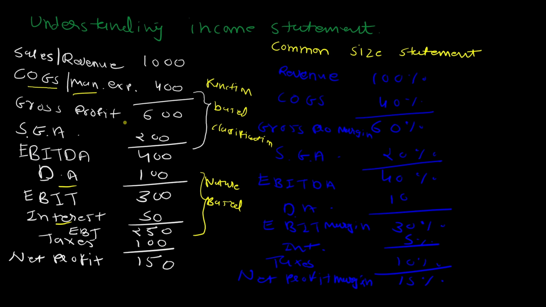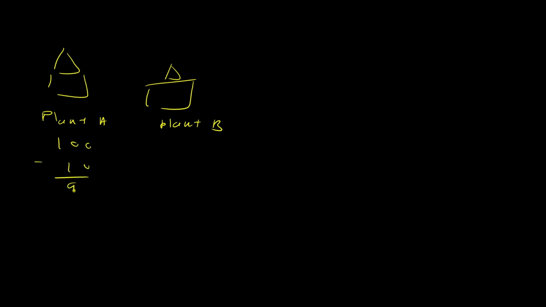For example, suppose a company has two plants, plant A and plant B. Suppose plant A depreciates by 5, and plant B, it's not a plant, suppose it's an office building, depreciates by 5.